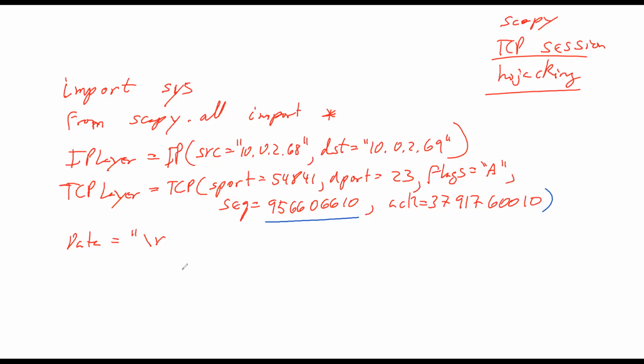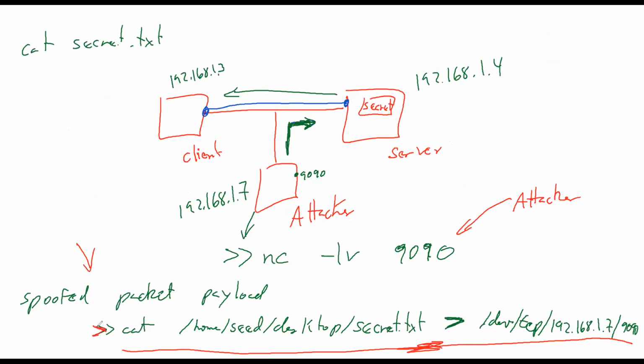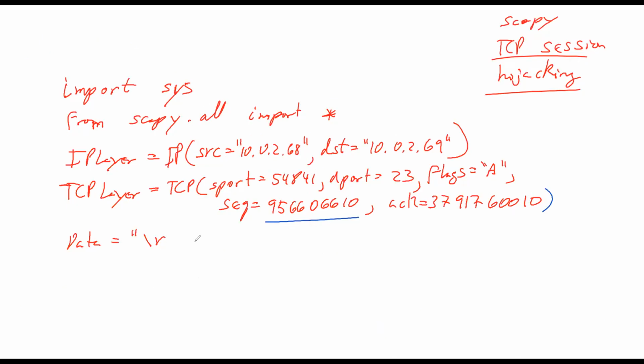So then after that is really just the command that we had before, the one that we just defined here, the cat command with the redirection and everything. So in here, it would be cat home, you know, whatever we said, right? So seed, I think it's desktop.